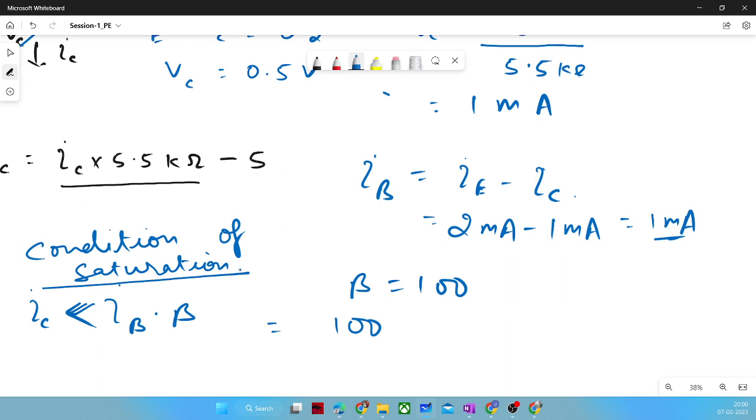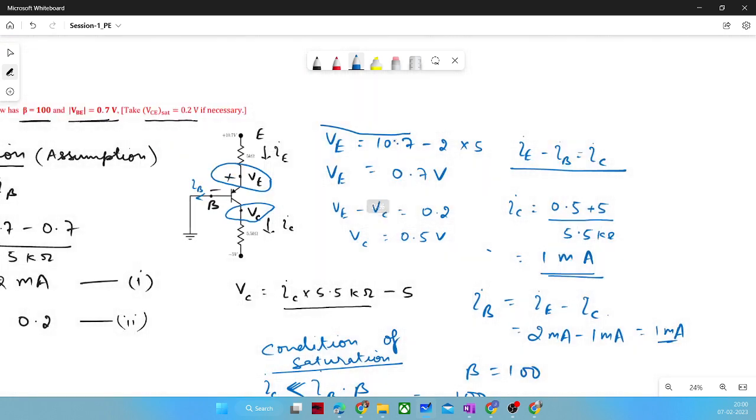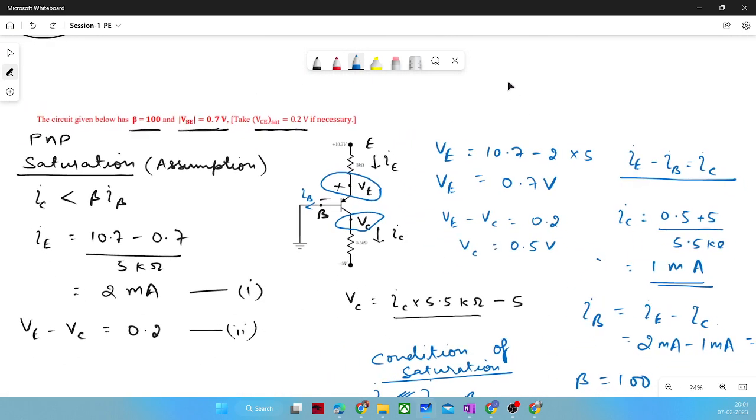So from this condition, if it is satisfied, and we can see that IC is 1 milliampere only, it is way less than 100 milliampere. So of course it is operating in saturation region, and we can say that this transistor is working as a switch.